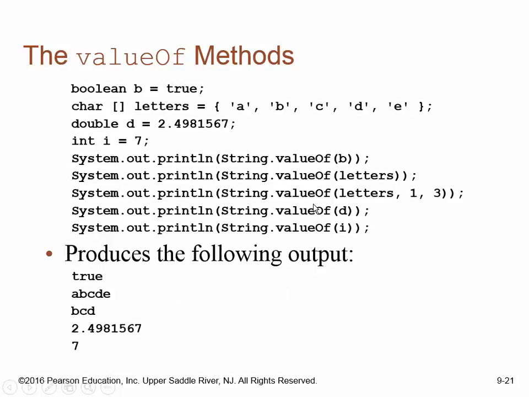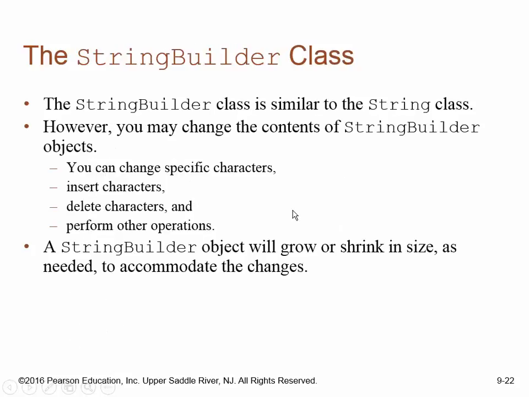Here are some more examples. Now, the StringBuilder is similar to the String class, but it's mutable, which means that you can change its contents. As mentioned here, you can change specific characters, insert characters, delete characters, etc. So what I might do is, if I wanted to create a program where I allowed a person to put in their first name, their middle name, and their last name, I might have 3 strings: 1 for first name, 1 for middle name, 1 for last name.